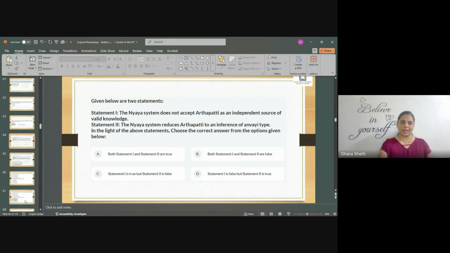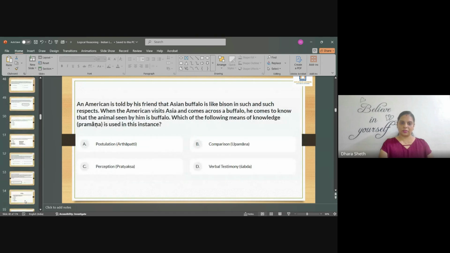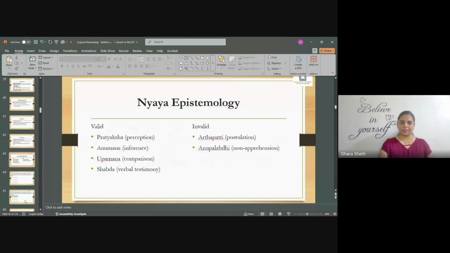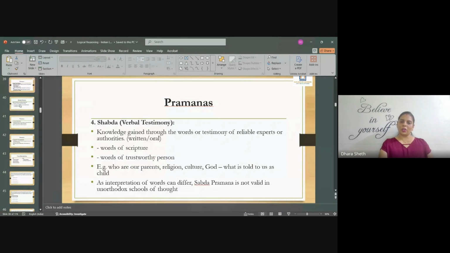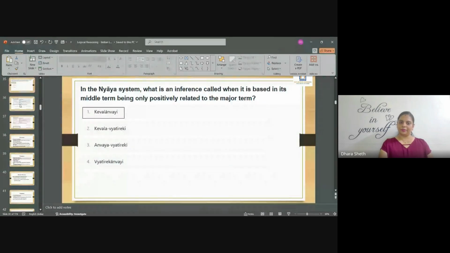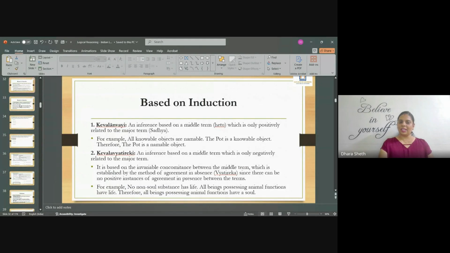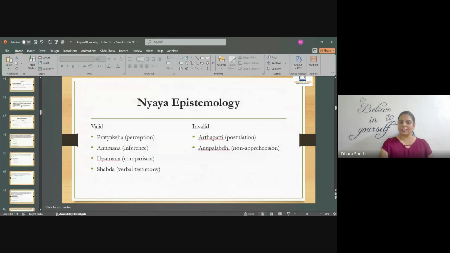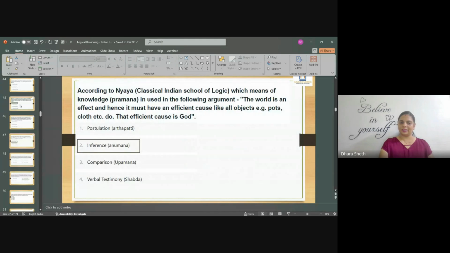Okay. Let's go back to a few slides. See, arthapti is not considered valid in Nyaya. Anuplabdhi is also not considered valid. If we are talking about anvayi, keval anvayi, keval vyatireki, and anvay vyatireki. It is not mentioned here that arthapti is one of the inferences of anvay kinds, right?